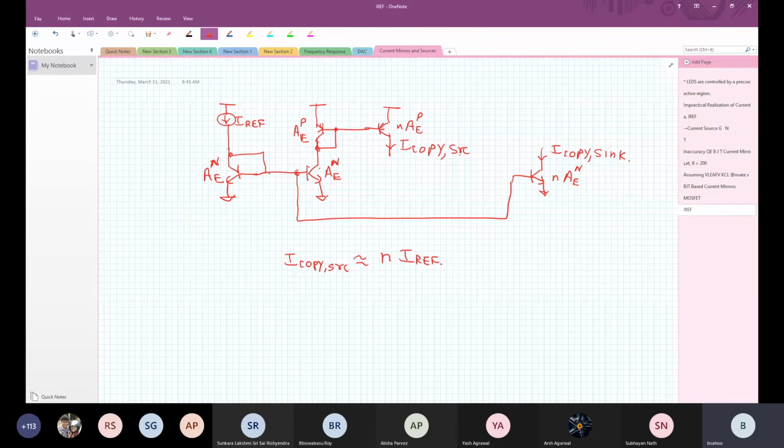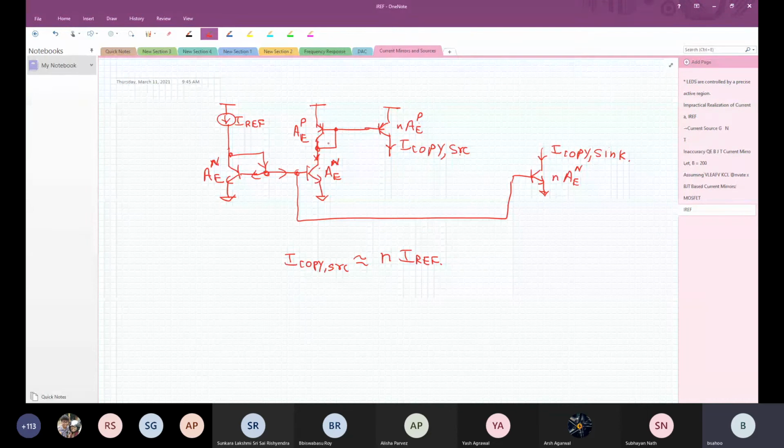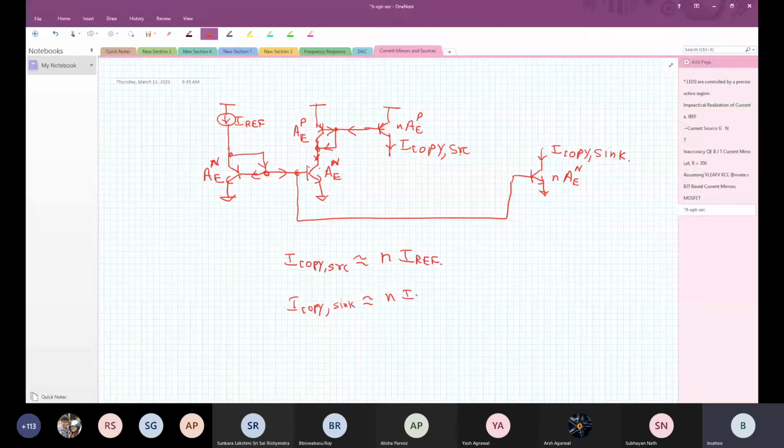There will be a base current here. Now this current is going in here, and we'll have base current here, and all those inaccuracies, I might give that as an analysis. I copy sync is roughly equal to N times IREF.